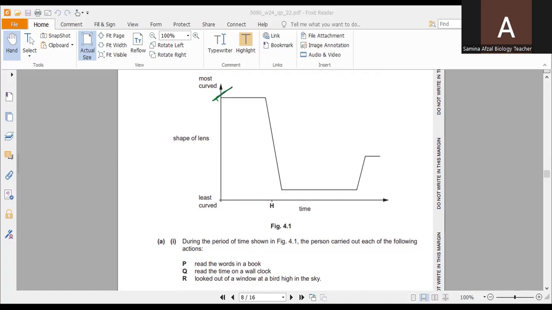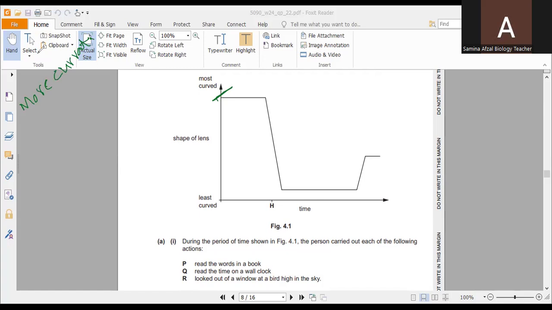At the starting point there is a more curved surface, so the curvature of the eye lens is more, the most curvature.